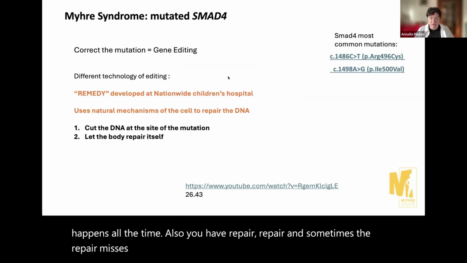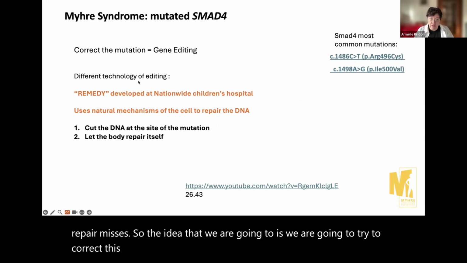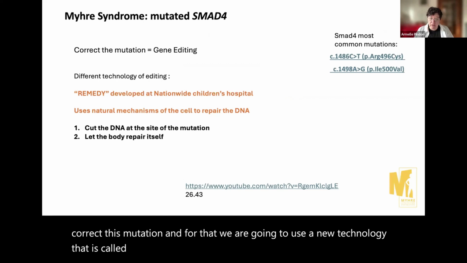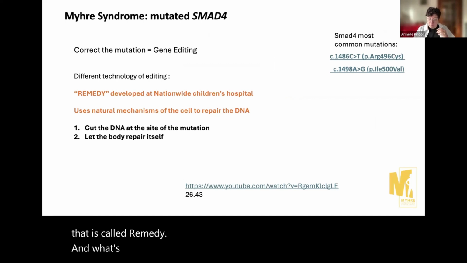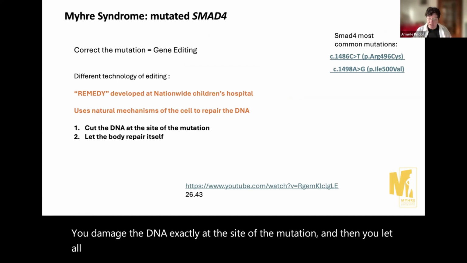So the idea is that we are going to try to correct this mutation. And for that, we are going to use a new technology that is called Remedy. The principle of this technology is that you damage the DNA exactly at the site of the mutation, and then you let all those natural mechanisms repair the DNA by themselves.